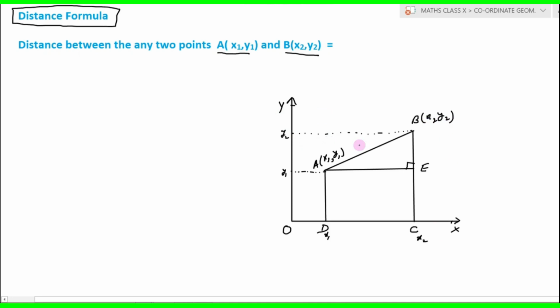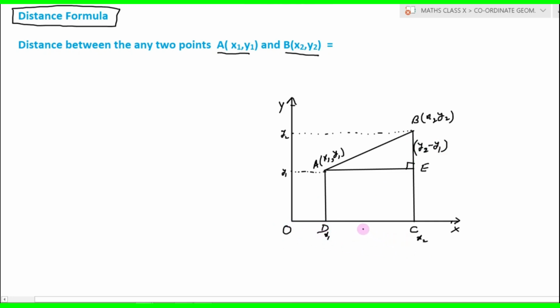And if you see, what is the length of BE? The length of BE is from here to here, which is actually the distance y2 minus y1. So here this value we have is y2 minus y1. Similarly, what is the length of DC? From here to here this is your x2, and from O to this is your x1.